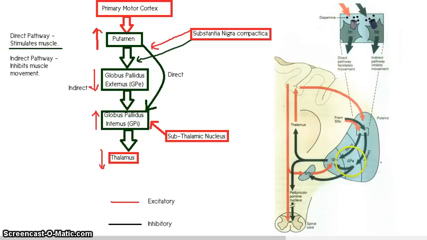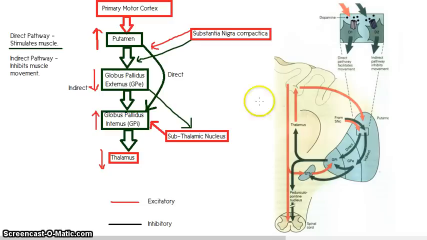Also, it should be noted that through the indirect pathway, the subthalamic nucleus's inhibition is decreased. Normally the globus pallidus externus is inhibitory to this nuclei. And as we noted through our indirect pathway, the globus pallidus externus's activity is decreased.